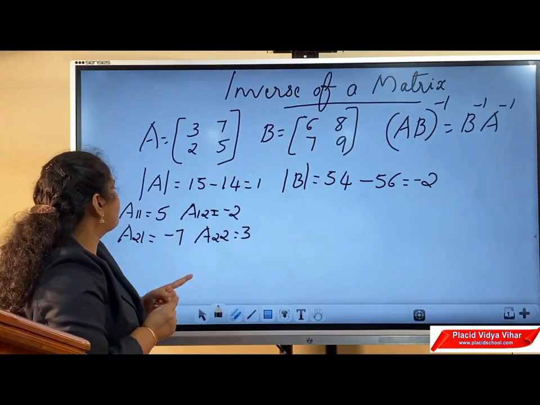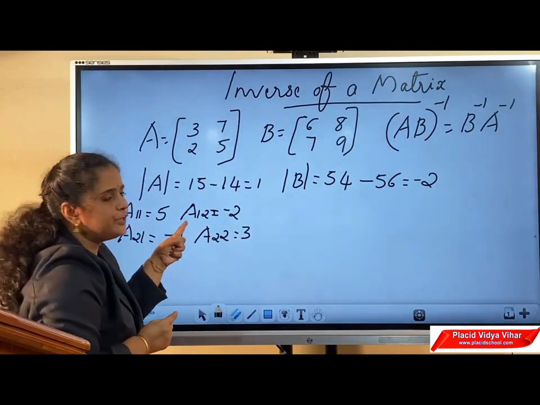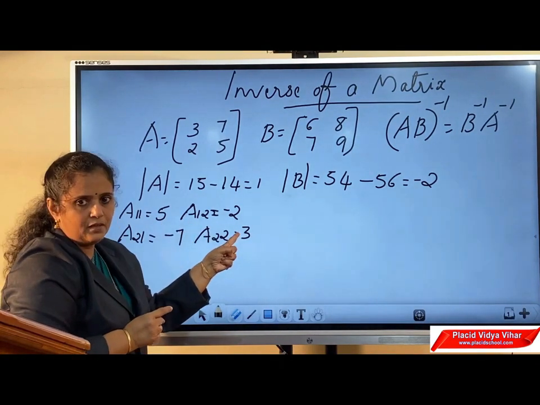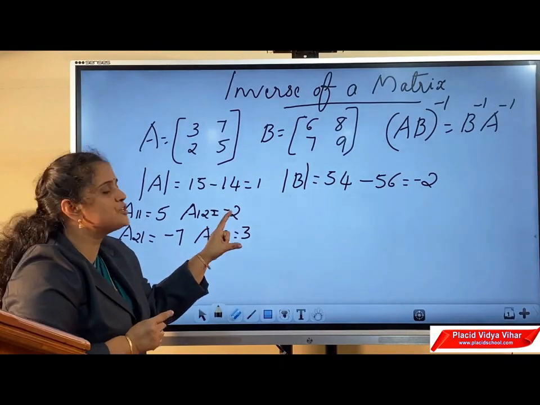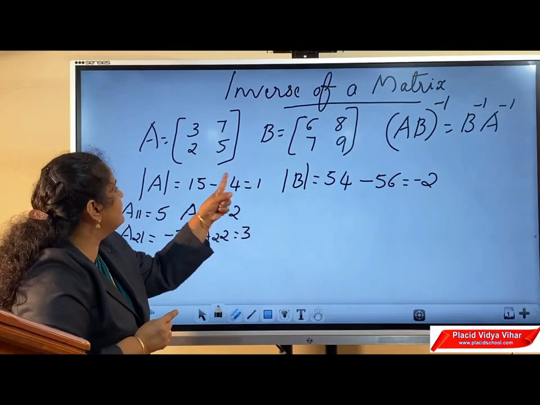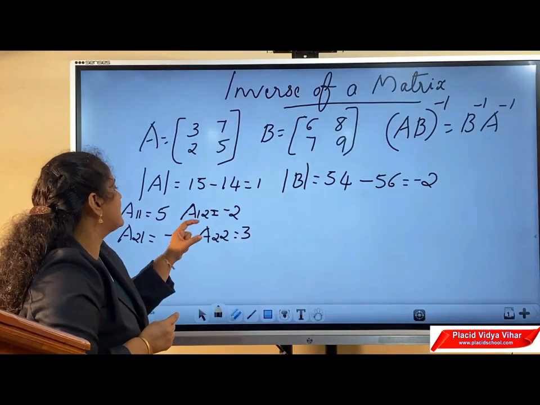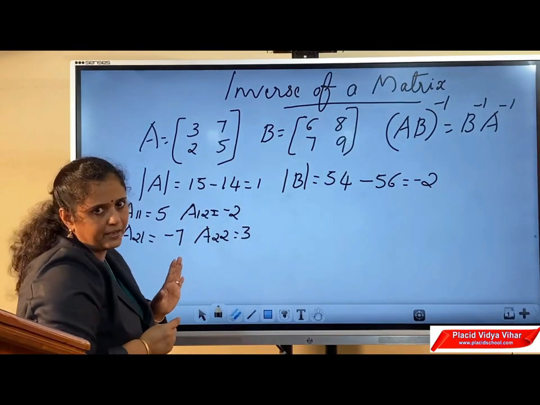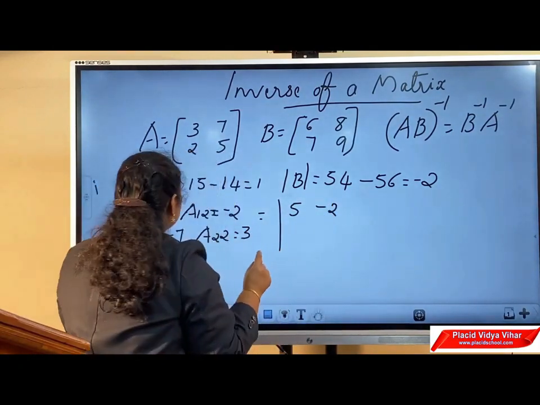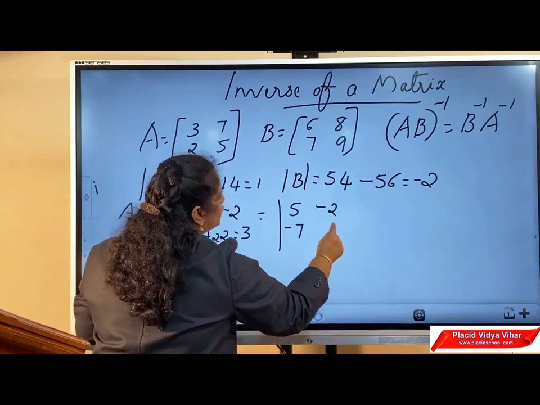Then we can write the cofactor matrix. The adjoint of A, we know, is 5, minus 2, minus 7, 3. When we take the transpose, we get the adjoint of A. A11 is 5, A12 minus 2, A21 minus 7, A22 3.